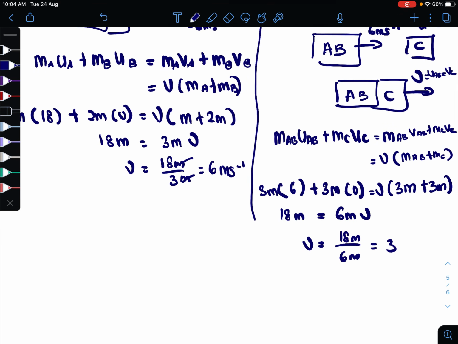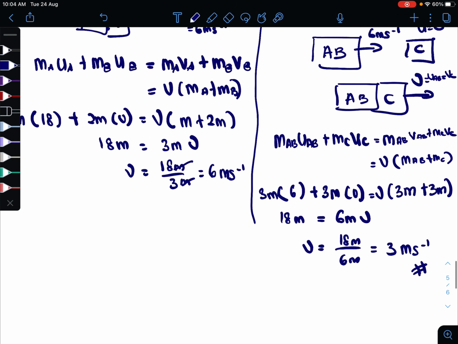So the answer is 3 m/s. This is the speed that the whole object is going to move with after they stick together.